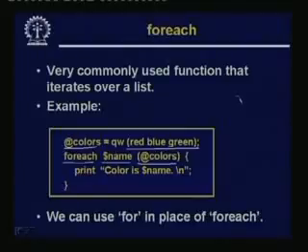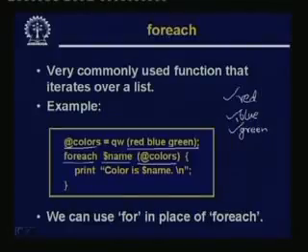Since there are 3 elements, red, blue and green, so you will be looping 3 times, once for red, once for blue, once for green, and the current value that you are at, this particular variable will be getting that value. First this $name will get red, second time it will get blue, third time it will get green. So, within the loop you are printing color is $name, so the colors will get printed.